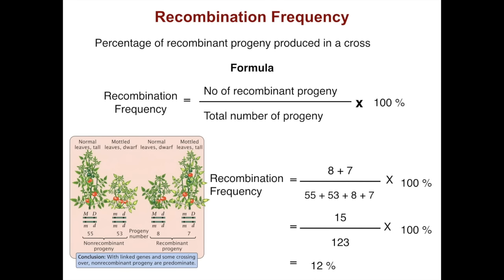So in this example with plants, you get 8 and 7 recombinant progeny. This is different leaf types and also based on a height gene. And you put those over the total. So you get 15 over 123, and you get a 12% recombination rate. These two genes are 12 map units apart.